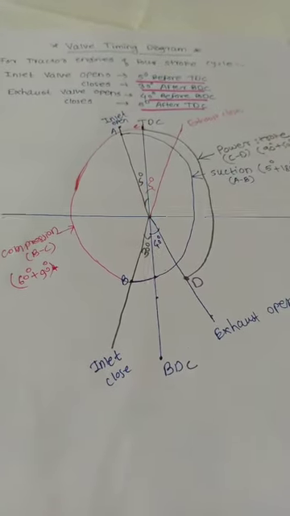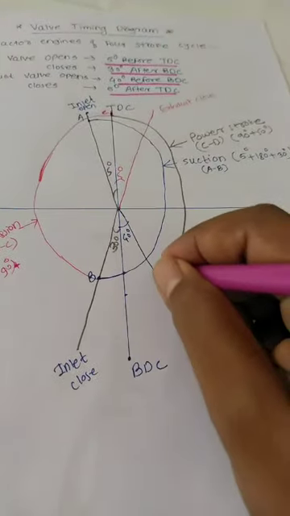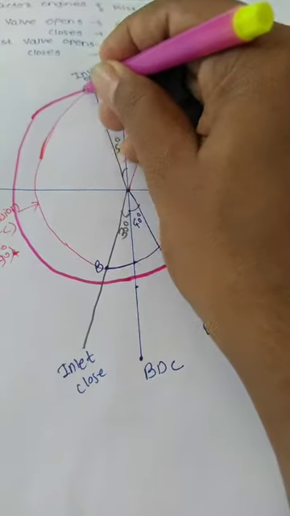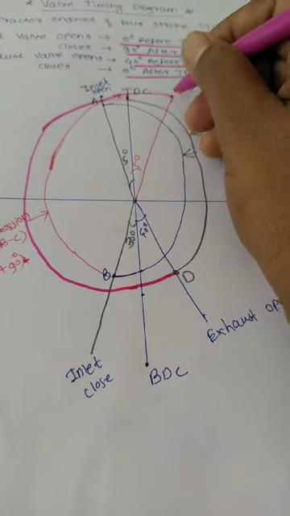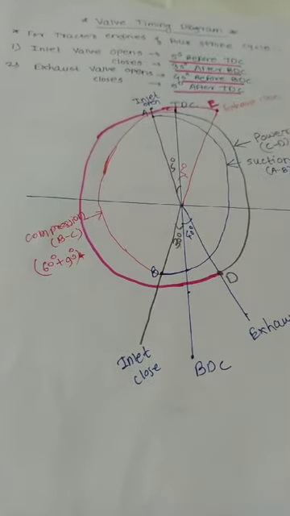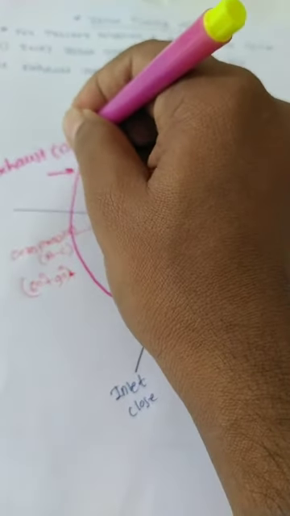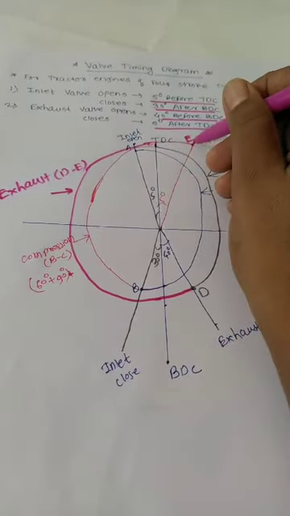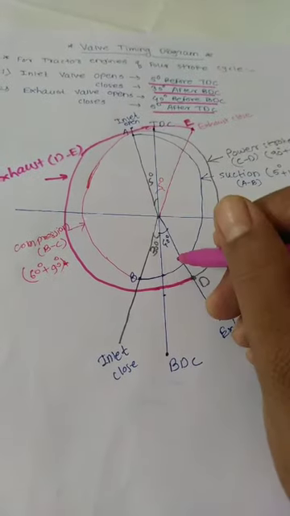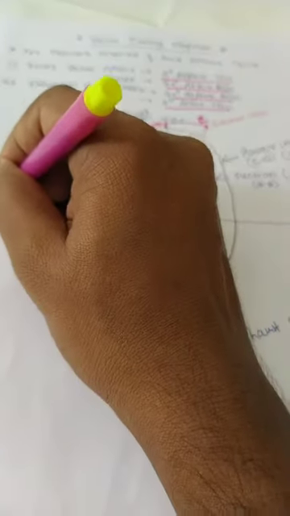Here is the end of our last stroke, starting from point D to this point, which is the last point of this diagram, E. So our last stroke is called the exhaust stroke, from D to E. It starts at D and ends at E, which means the angles are 40 plus 180 plus 5 degree.